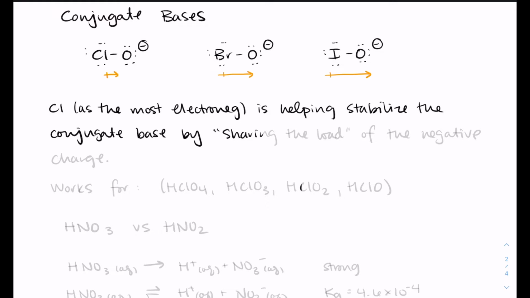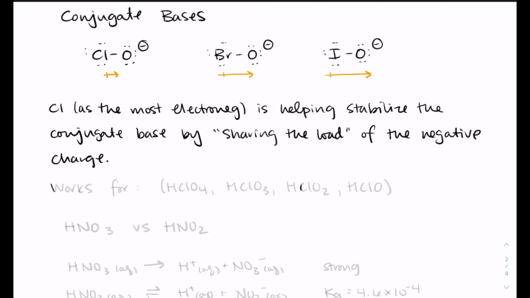In ClO minus, oxygen is not trying to also carry a ton of electron density from the chlorine through the chlorine-oxygen bond. You may not like the word sharing the load, but chlorine is not actively making this negative charge bearing worse compared to iodine, which is relying on oxygen to just carry everything. Now, this works for HClO4, HClO3, HClO2.